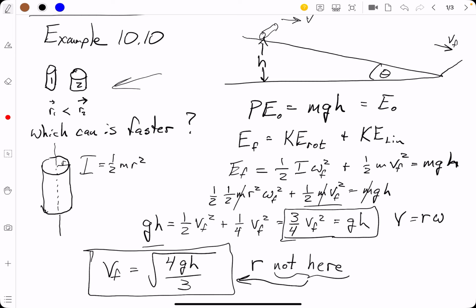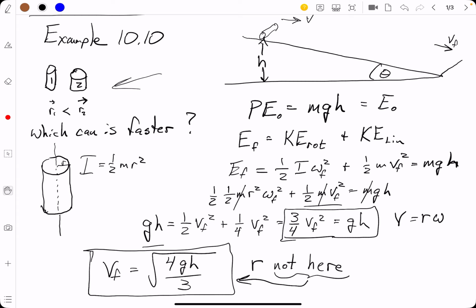It has no difference. We could have a big can or a little can or whatever. It doesn't matter. As long as they have the same moments of inertia, we're going to have the same speed. So that's the key, though. Moments of inertia. We've got to have the same moments of inertia.